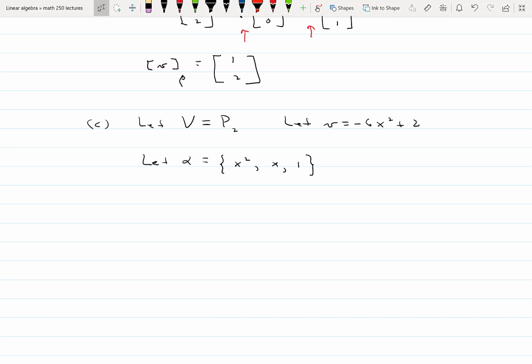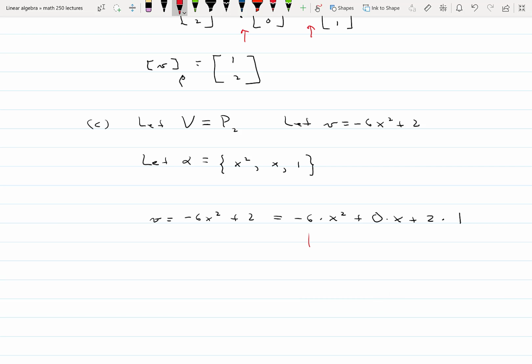Anyways, let's move on. I would like the coordinate vector of v relative to the basis alpha here. So this is very simple. The vector v is negative 6x squared plus 2, which can be written as negative 6 times x squared plus 0 times x plus 2 times 1.